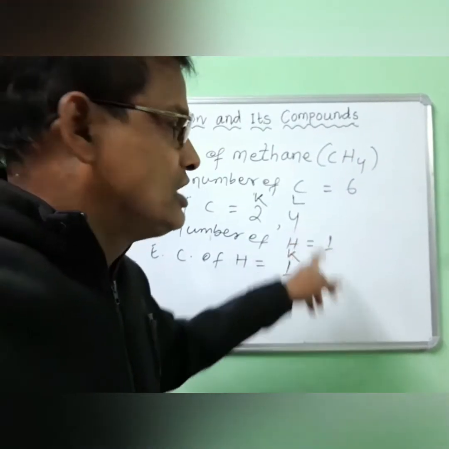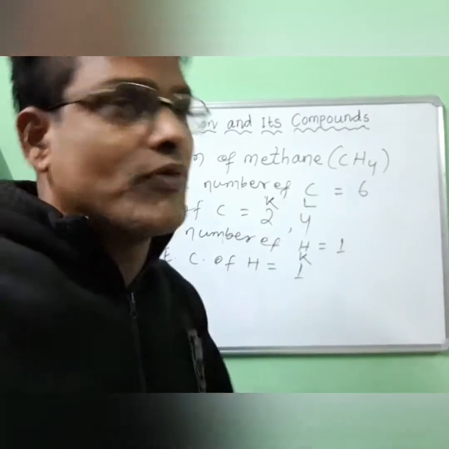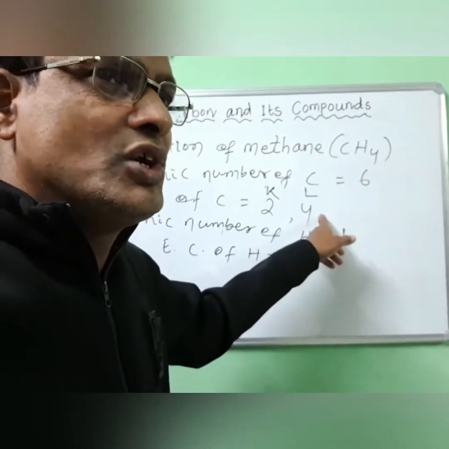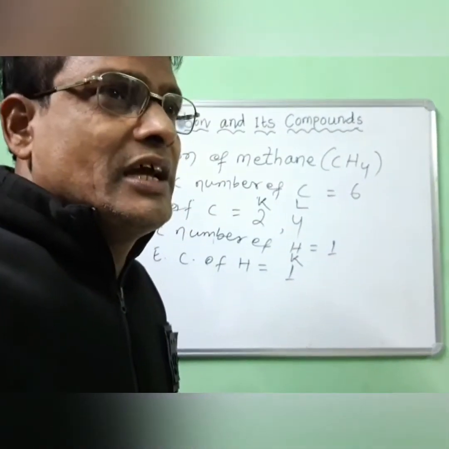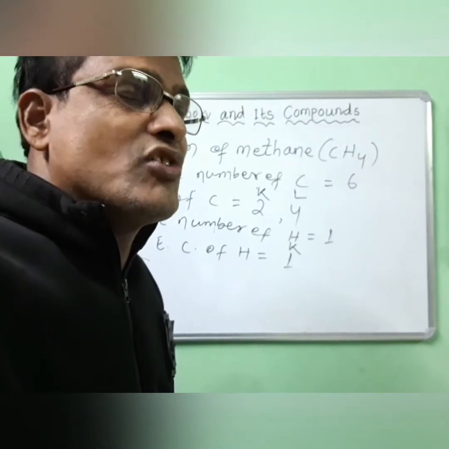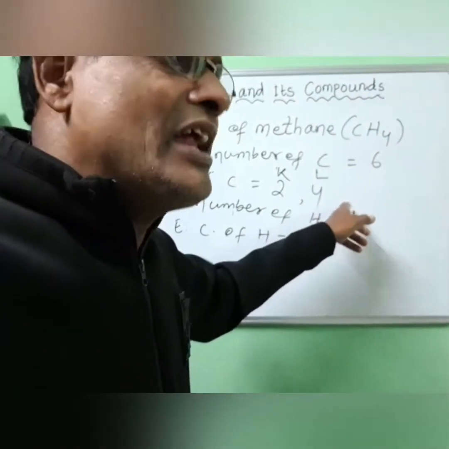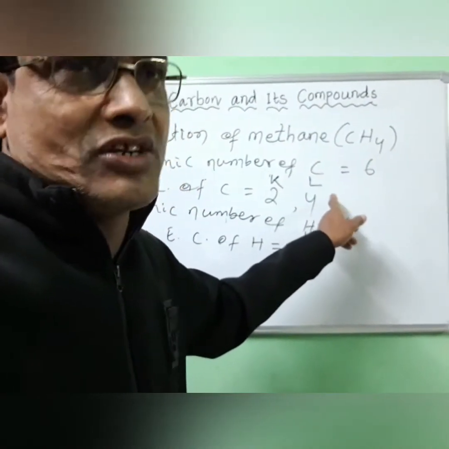So the carbon atom requires 4 extra electrons to become an octet, or to attain its nearest inert gas configuration, that is 8. It requires 4 extra electrons.